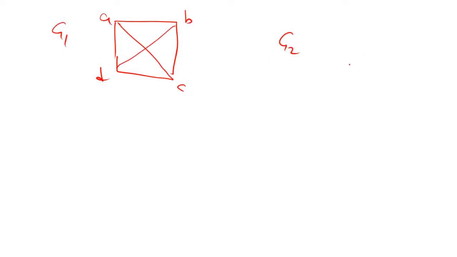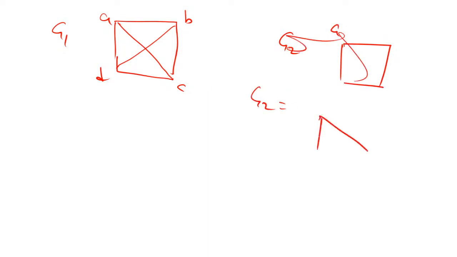And you can take this G2, and this G2 is like this: A, B, C, and D, connected like this.